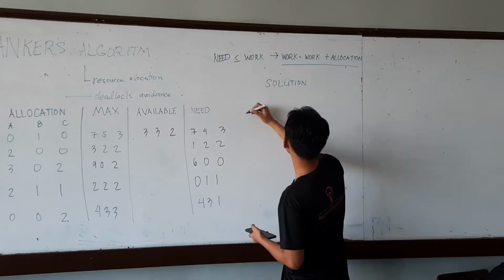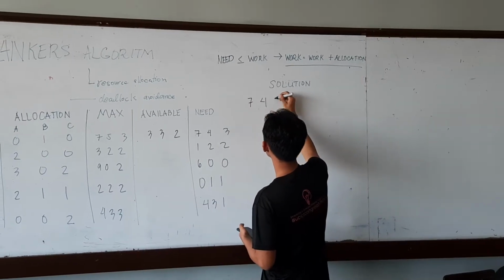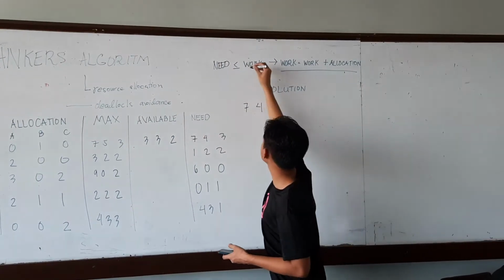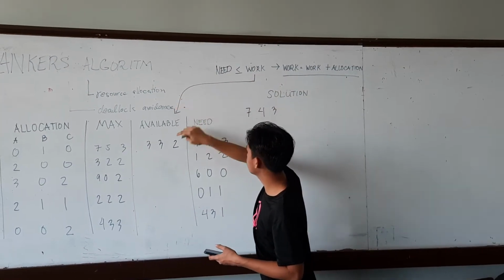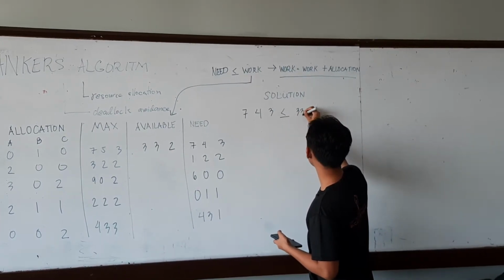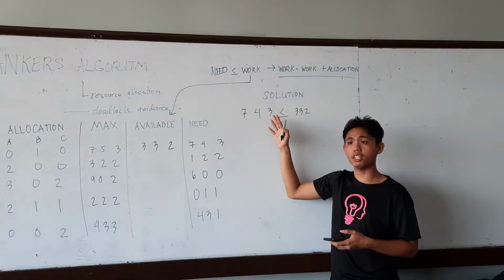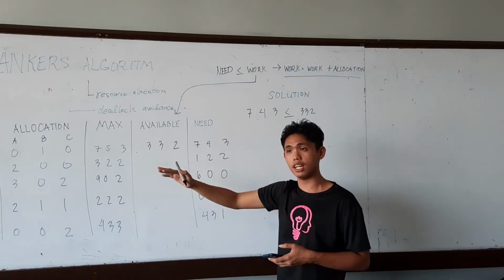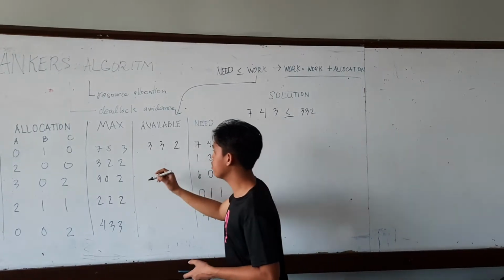So let's start. Let's say 743 is your need. The work here, guys, is the available. Is 743 less than or equal to 332? So this is false. What happens is P0 will not be considered a safe state, so cancel for the meantime.